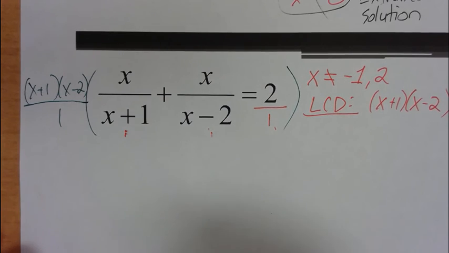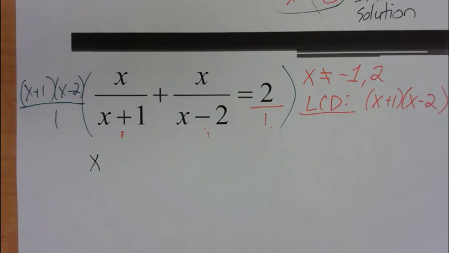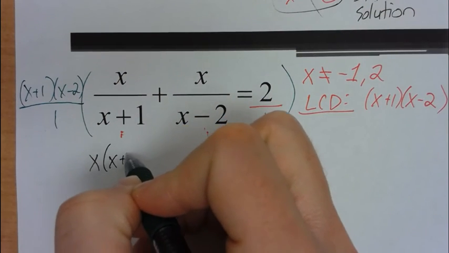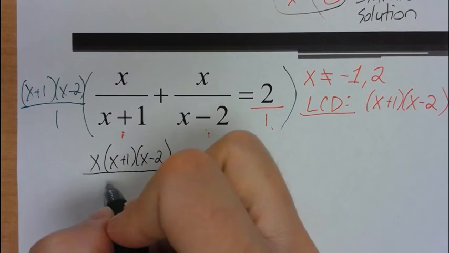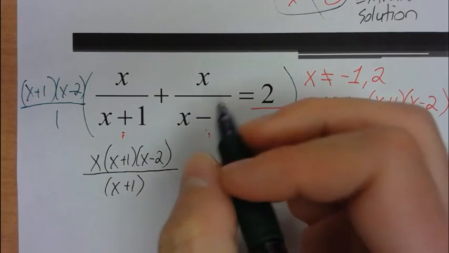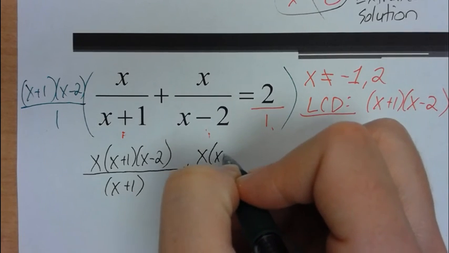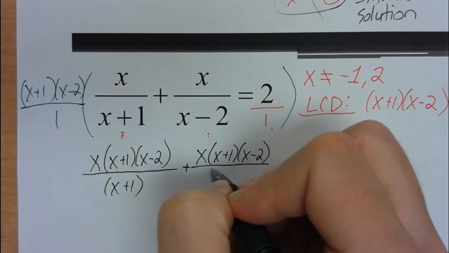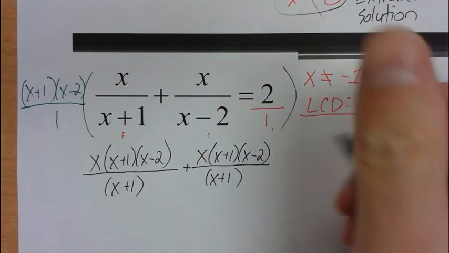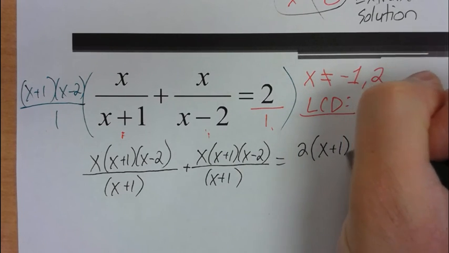And that means we're basically going to have our x that we started with in the first numerator times both things we just added to it over that same denominator. And then we have the same thing basically with our two things on the top added to it and the same denominator. And then we have 2 times both of these things.